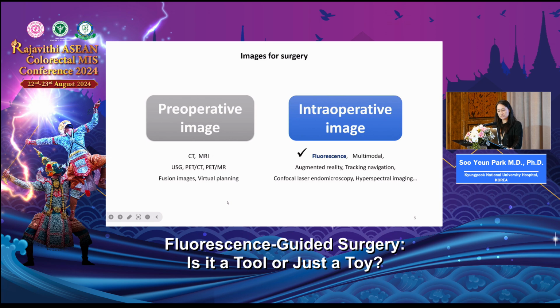Preoperative imaging can show much information about the patient's body, but we have to reconstruct the image during our surgery. On the other hand, intraoperative imaging can help us on site, and fluorescence imaging is one of the most commonly used ones.